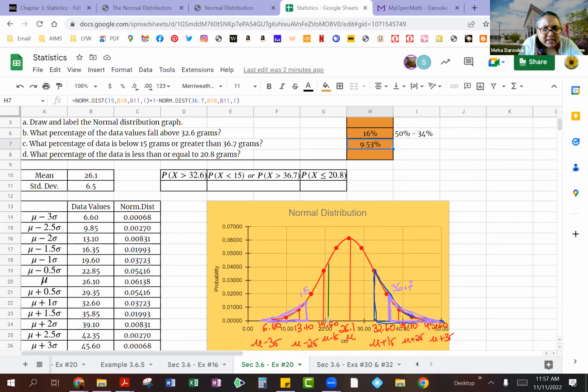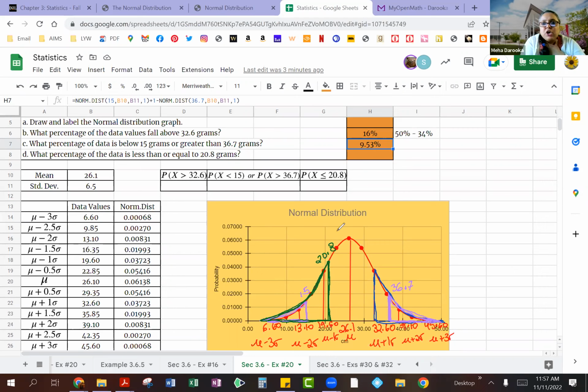So say somewhere over there would be 20.8. And again, they're saying is less than or equal to 20.8. So you're actually looking all the way to the tail end because it's less than or equal to. So this is the section we are looking at.